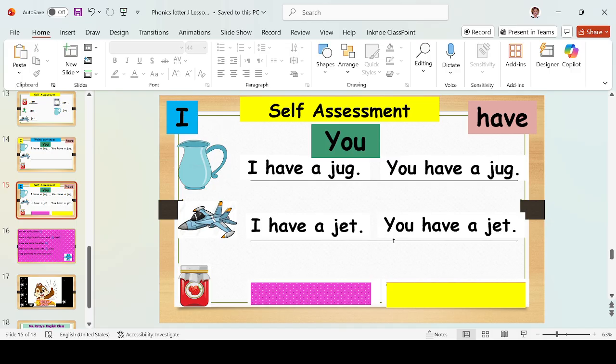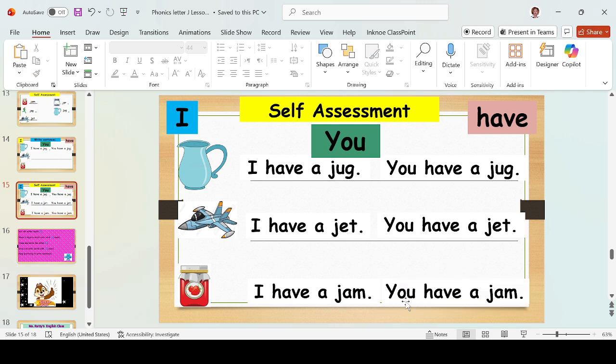Check your capital letter, your finger space, and your full stop. I know sometimes you forget to put the full stop. Okay. Capital I have a jam. Finger space and your full stop. You have a jam. Okay.